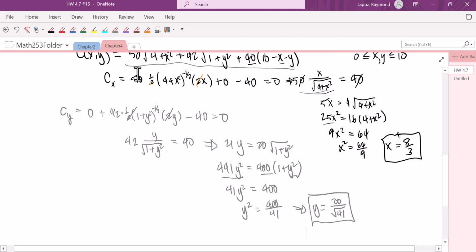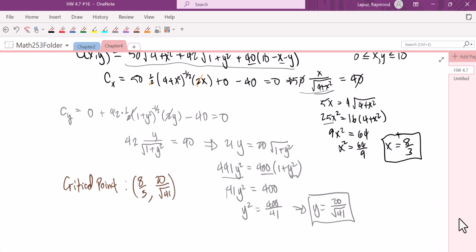So our critical point, therefore, is going to be 8/3, comma, 20 over the square root of 41.